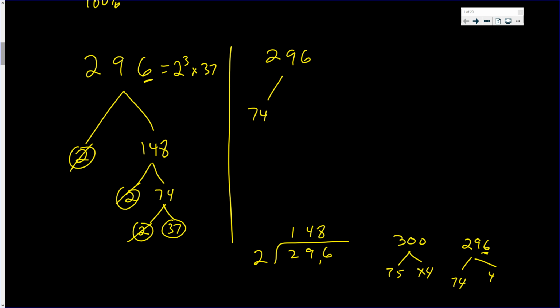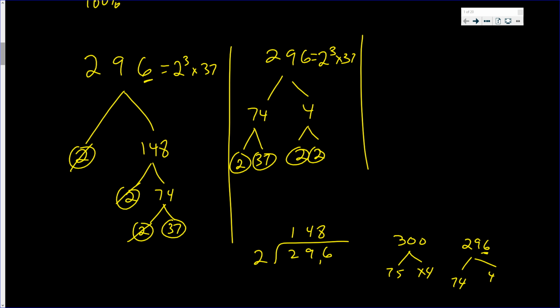This is 74 times 4. 74 is 2 times 37, and both of these numbers are prime, and 4 is 2 times 2. Once again, we have 2 3s times 37.